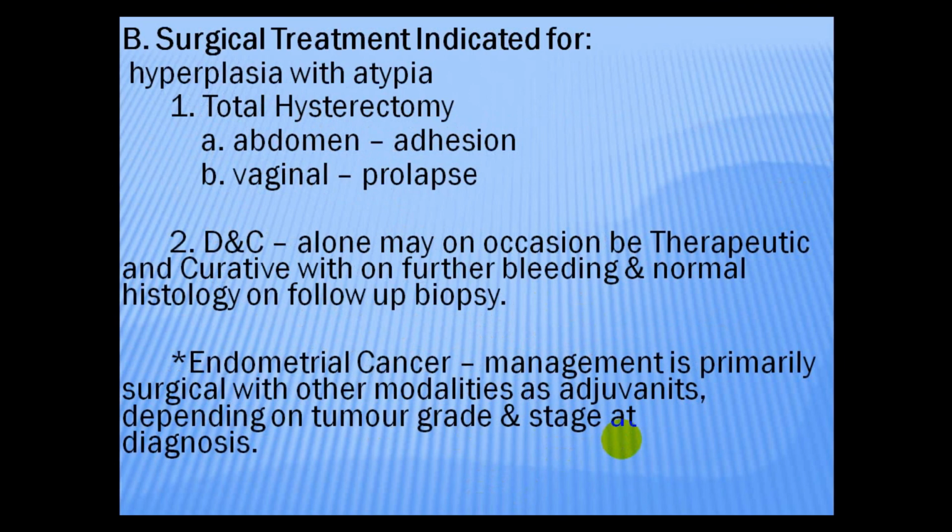Number two, surgical treatment is indicated for hyperplasia with atypia: total hysterectomy, abdominal or vaginal. Dilatation and curettage alone may on occasion be therapeutic and curative, with no further bleeding and normal histology on follow-up biopsy.